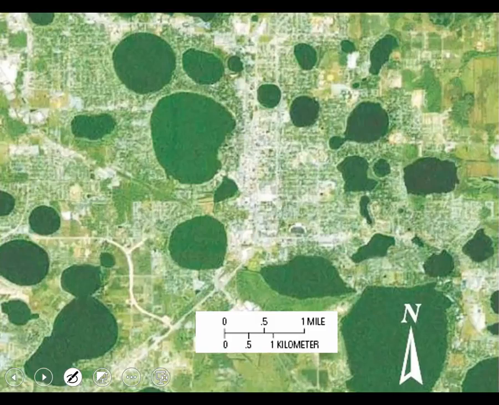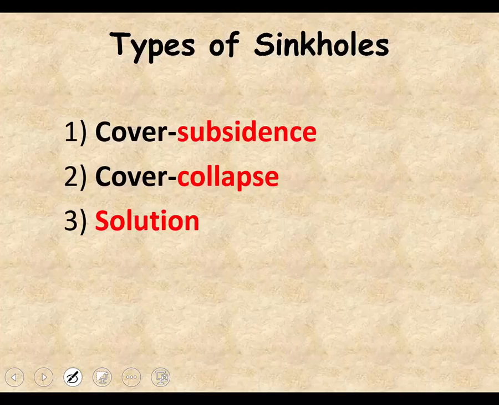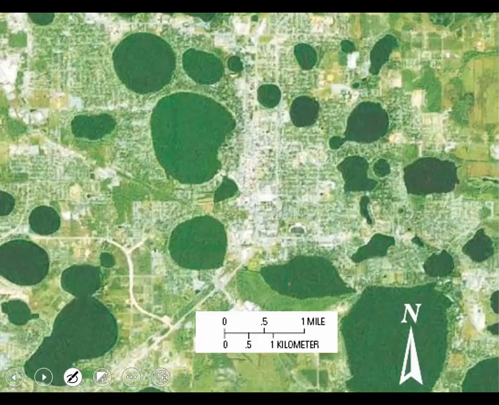Okay. If we go to areas like Florida, we see that there's a lot of urbanization. I mean, basically people have built around these sinkholes, and these are great. They are nice circular lakes that you can build around and have your boat docks, and so they have a lot of attraction.